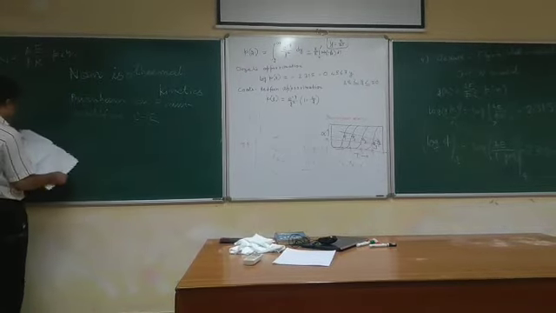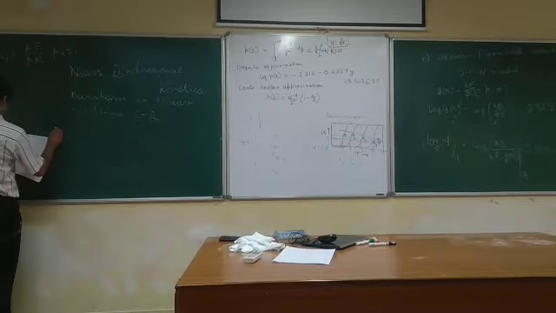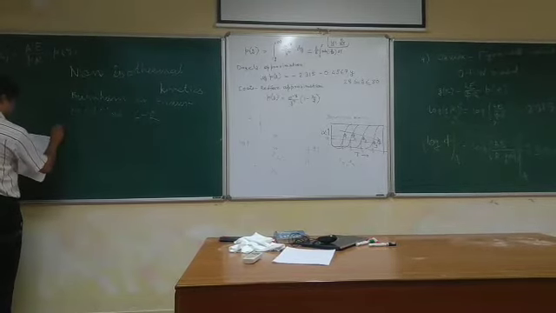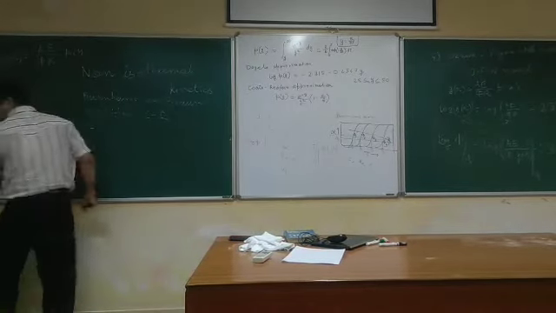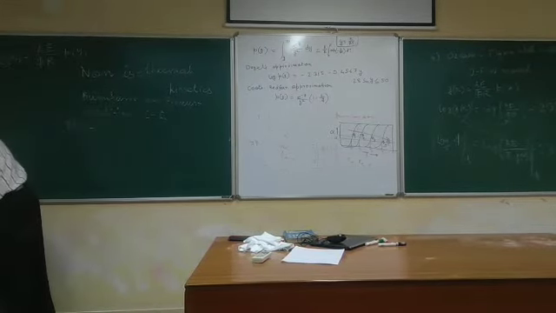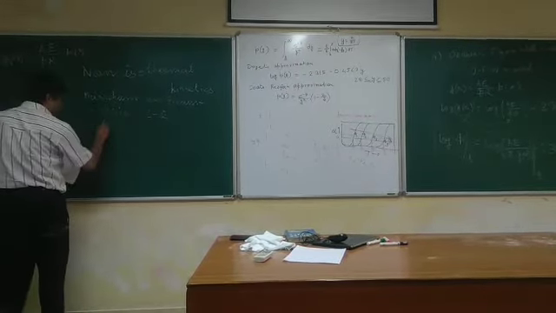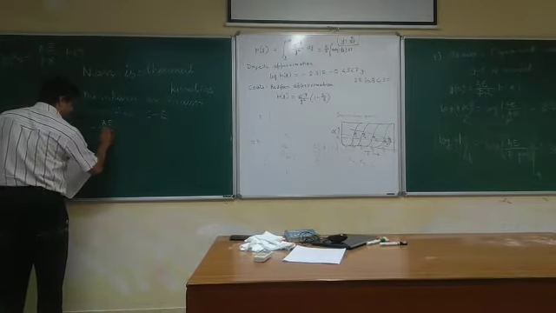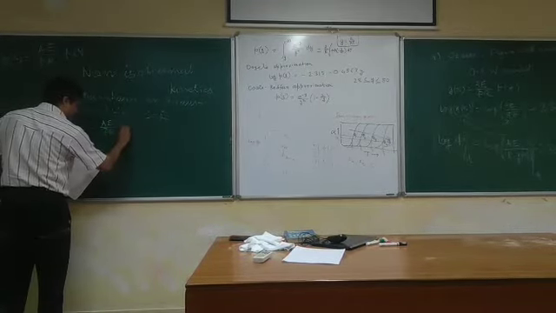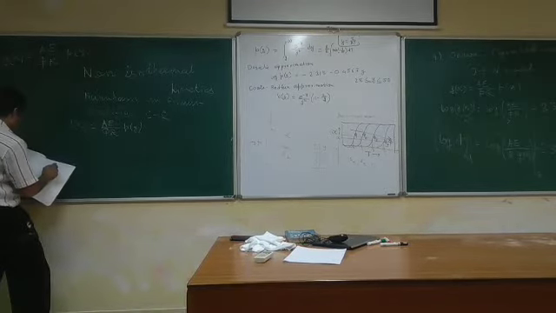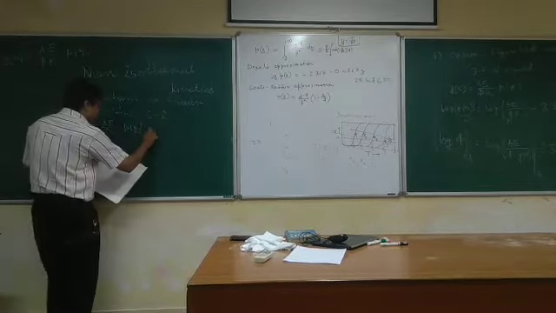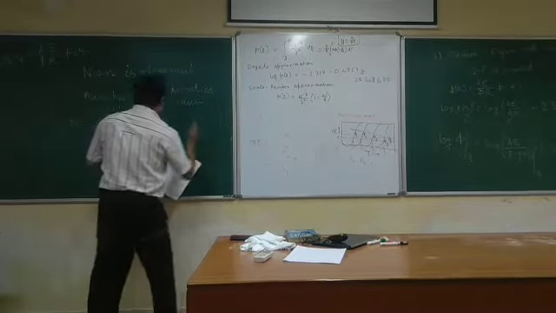Because the Coats-Redfern method, what did they do? They started with the integral form G alpha equal to AE over phi R Py, and then took the Py approximation of Coats-Redfern.